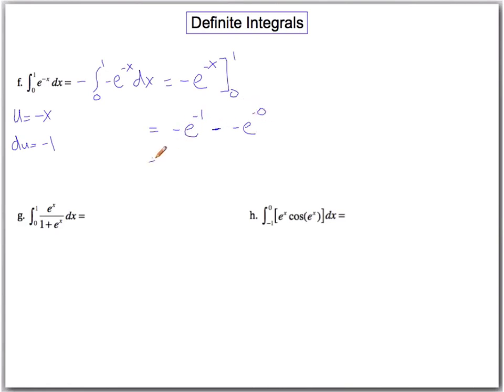Okay, and so here we're going to get negative 1 over e, and then the double negative will become positive, and e to the 0 is just 1, so plus 1. And if we were to calculate this, our approximation would be 0.632.